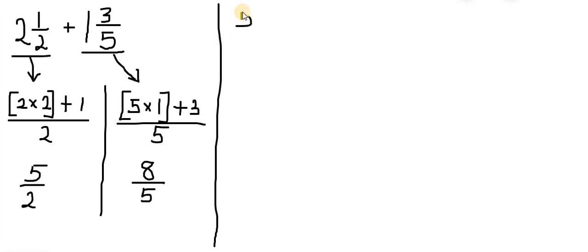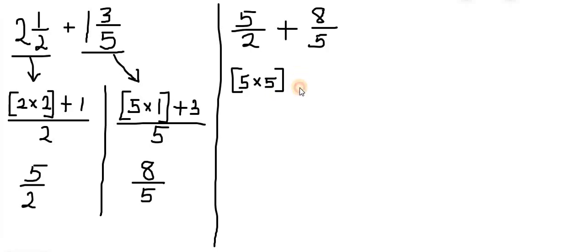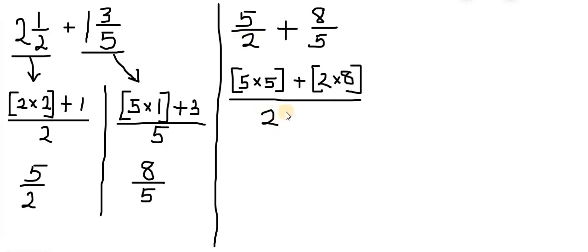Okay, so 5 over 2 plus 8 over 5. We go across, so that's 5 times 5 plus, we go across again, that's 2 times 8, and for the bottom, we go along, and that's 2 times 5.